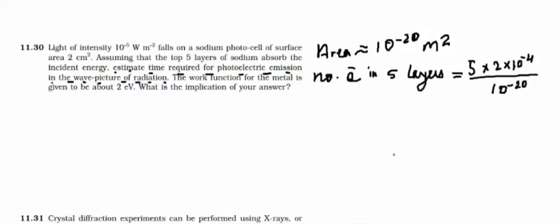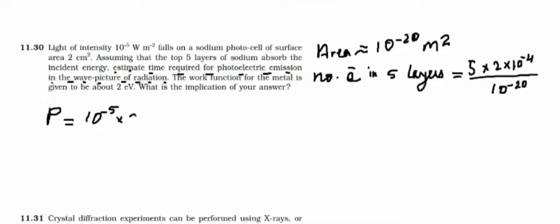Now next, the power. So the question gives the power per meter square. So total power, almost we can calculate like this. Total power is equal to power per meter square, that is 10 power minus 5, into area, given in the question as around 2 centimeter square.